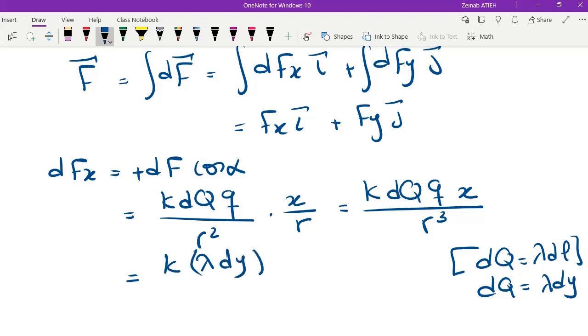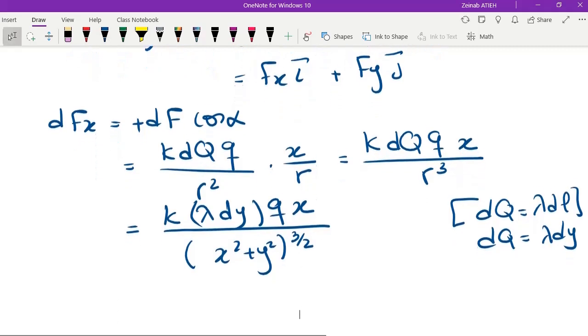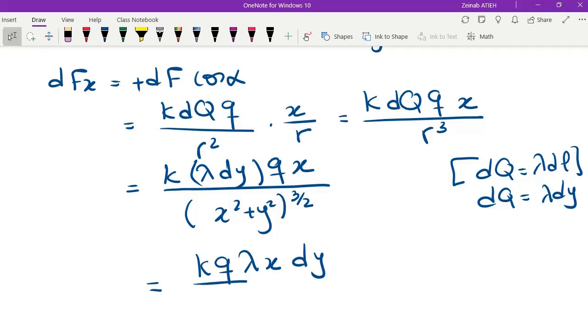It's like this: q x over r cube, where r is x squared plus y squared to the power half, and with the 3 I get 3 over 2. I will put dy last so it looks a bit nicer. It's k q lambda x dy over x squared plus y squared to the power 3 over 2.